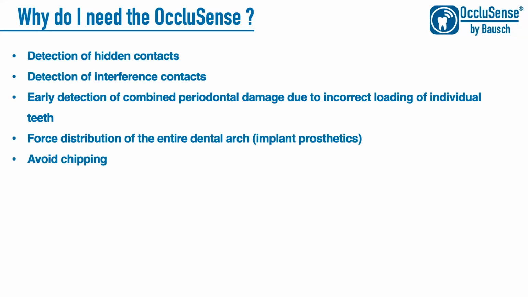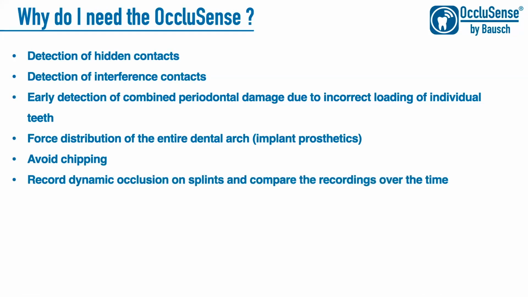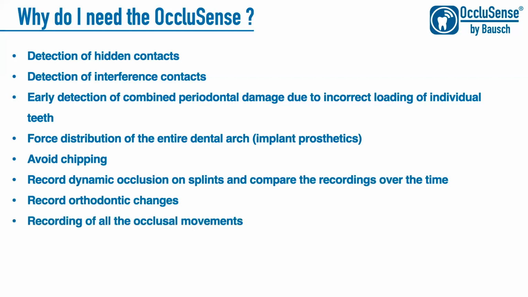If you don't have improper loading, then you can very much avoid chipping, and you also have the opportunity to record dynamic occlusion on splints and compare these recordings over time, as well as orthodontic changes. And any occlusion movements that you want to look at in general. What you're also automatically doing is documenting and can use it for patient education.